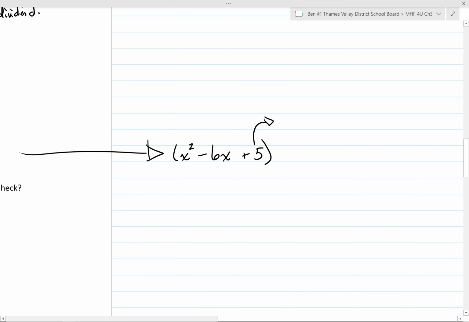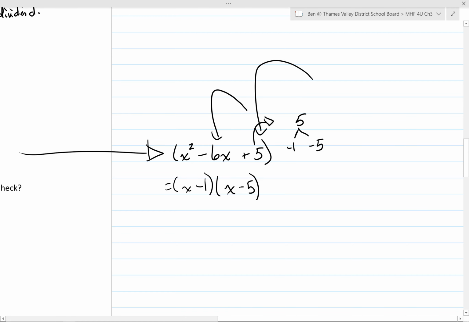I'm not just guessing and checking random values. I try and find factors of this 5 that will work with my middle term. In this case, -1, -5 is what would work for me. And then factored, it looks like x minus 1, x minus 5. So what I'm working with are factors of my constant term.